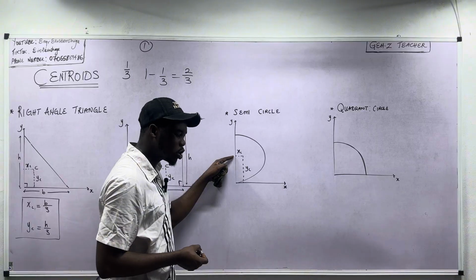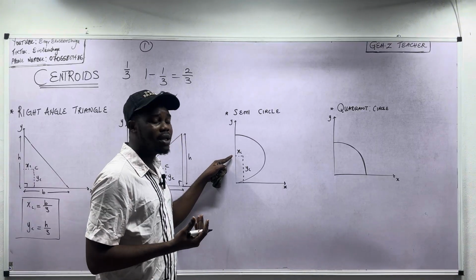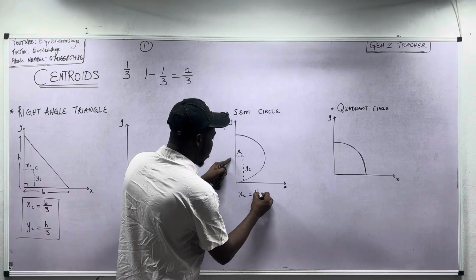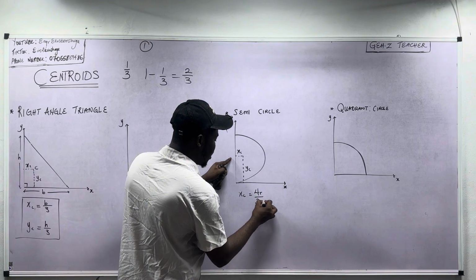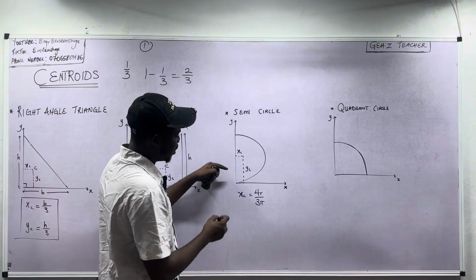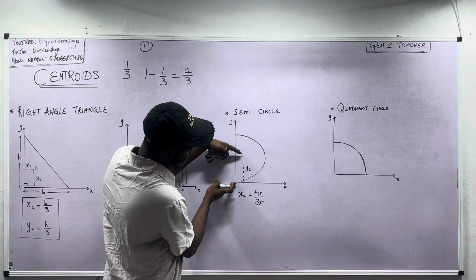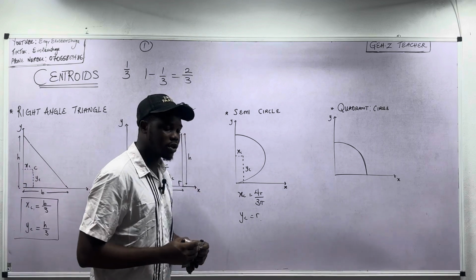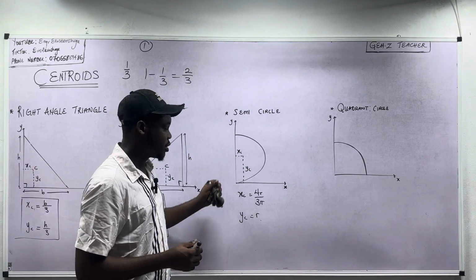So this should not be the radius and it should not be half of the radius. We say the x-centroid is 4r over 3 pi, like we did before. For the y-centroid, it is from the center to the circumference. So the y-centroid remains the radius of the semicircle.